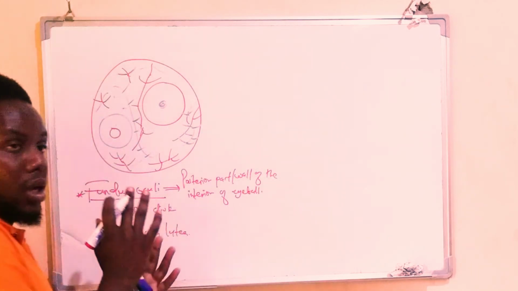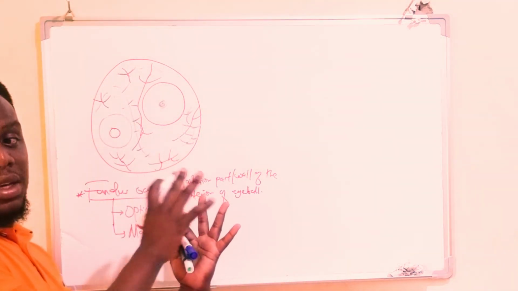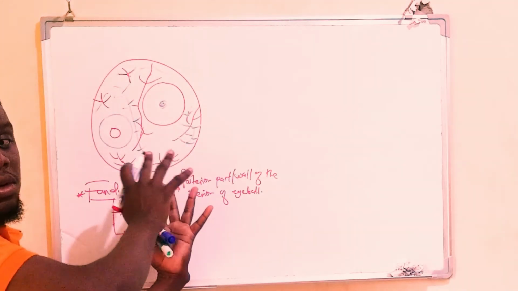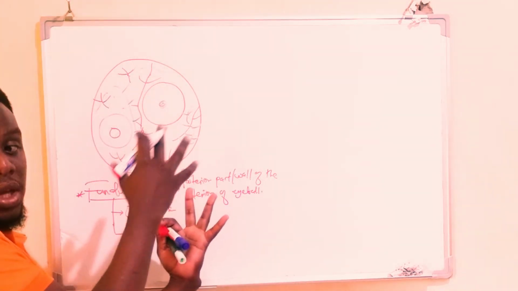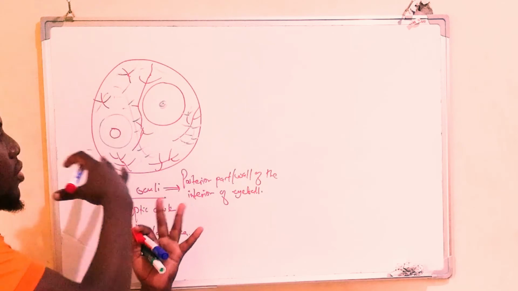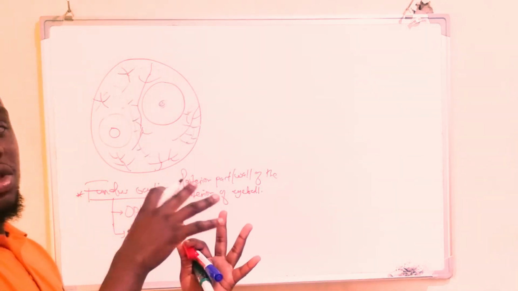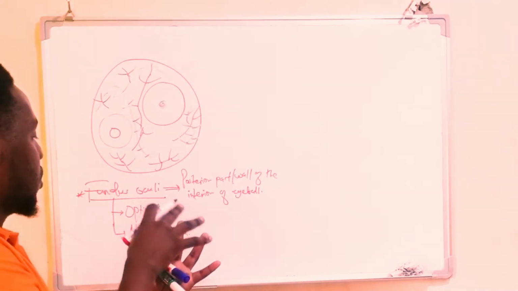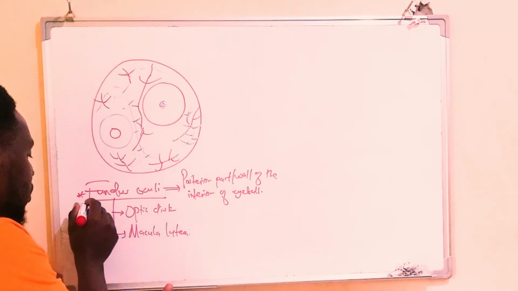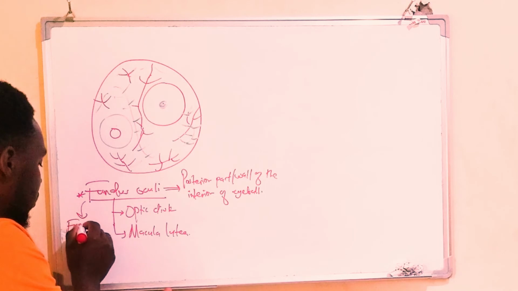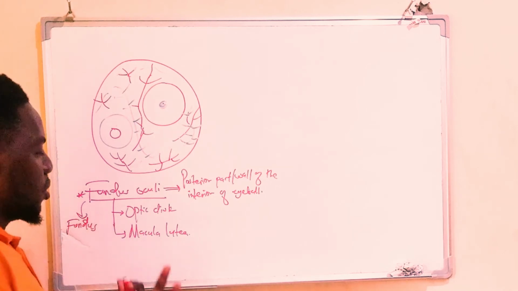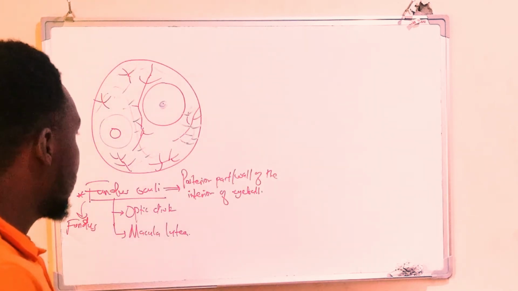So you're just looking at the back of the interior. In the interior of the eyeball, you're just looking at the back, at the furthest end of that eyeball. You're looking at it from the inside. So the most important two structures that we're going to see here in the fundus oculi, simply known as the fundus, are the optic disc and the macula lutea.